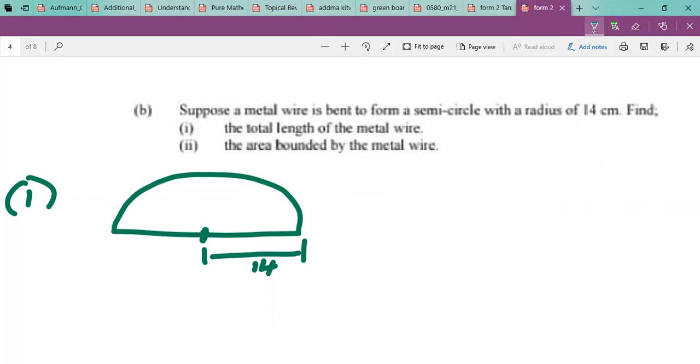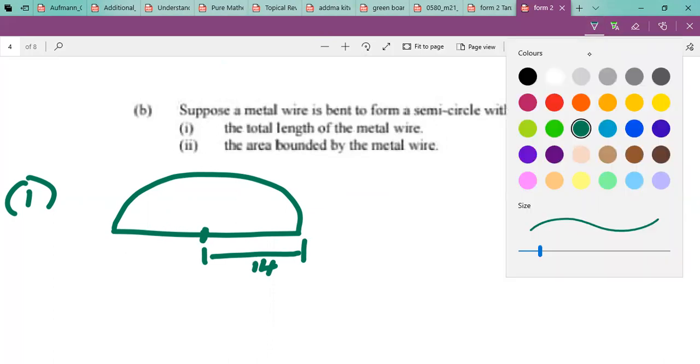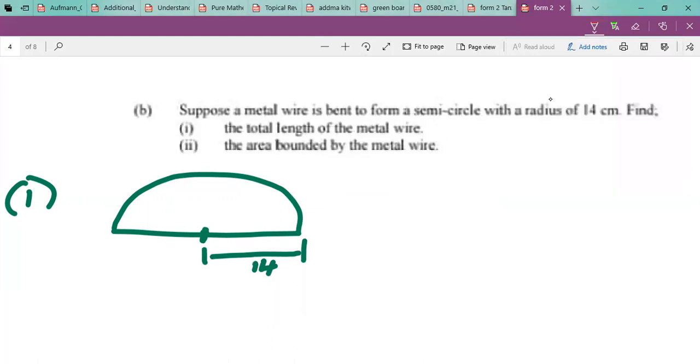To find the total length of the metal wire, you need to find the distance from this point. You know that this is 14, it means even this side it is 14.